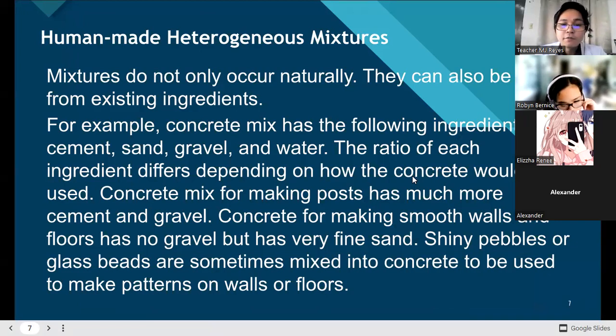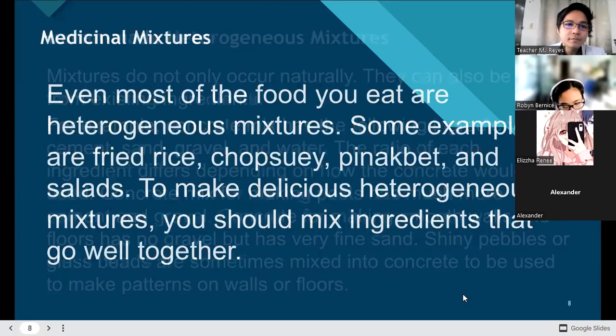Concrete mix for making posts has much more cement and gravel. Concrete for making smooth walls and floors has no gravel, but has very fine sand. Shiny pebbles or glass beads are sometimes mixed into concrete to make patterns on walls and floors. Again, it is not naturally occurring; it is man-made.